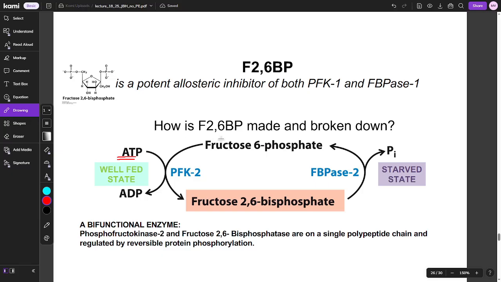But some of it will go through PFK2 and be turned into fructose 2,6-bisphosphate, right? And this fructose 2,6-bisphosphate will be used to supercharge and increase the affinity of PFK1 for fructose 6-phosphate to turn more of that fructose 6-phosphate into fructose 1,6-bisphosphate, right?